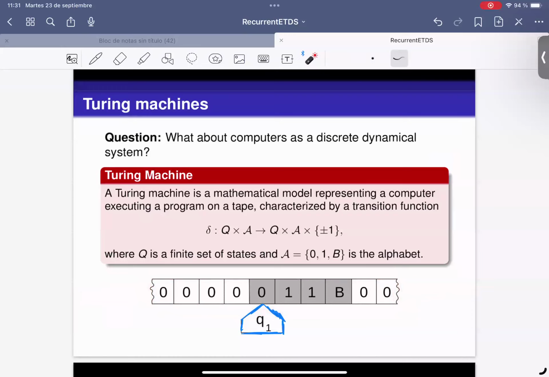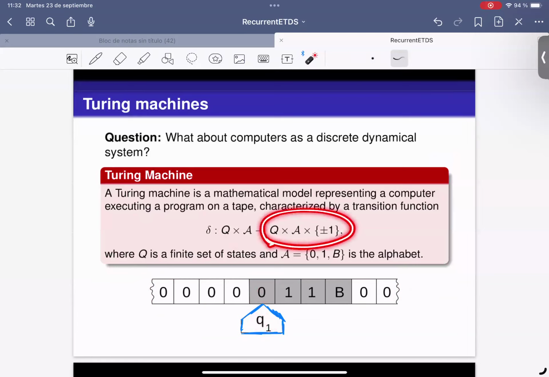And at every step, the Turing machine, the CPU, is going to read a symbol, this symbol. It's going to say, okay, I am in state Q1 and I'm reading the symbol 0.